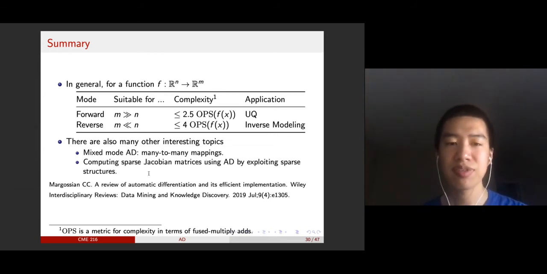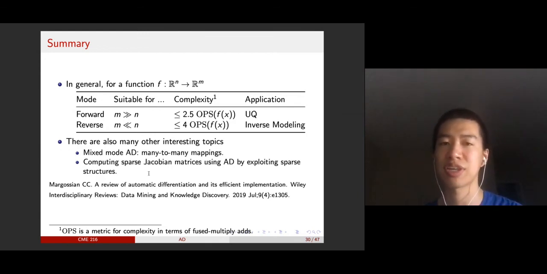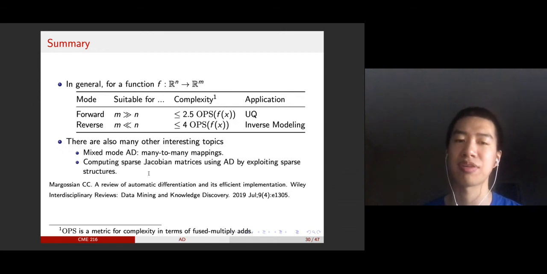And there are also many other interesting topics we will not cover in this lecture. For example, mixed mode AD and many-to-many mappings. When M is very large and N is also very large, how can you compute that efficiently? If the computational graph has some special structure, you can take advantage of the structure and design very efficient automatic differentiation strategies.